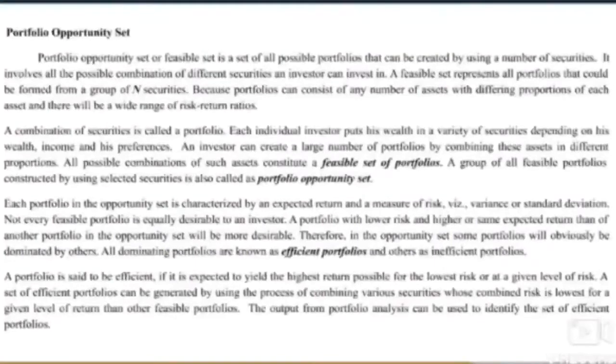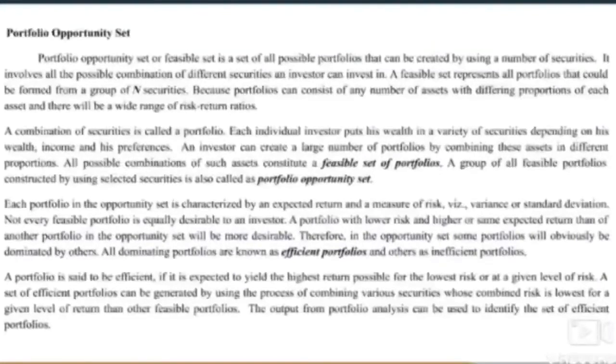Portfolio opportunity set or feasible set is a set of all possible portfolios that can be created by using a number of securities. It involves all possible combination of different securities an investor can invest in. A feasible set represents all portfolios that could be formed by a group of n securities.